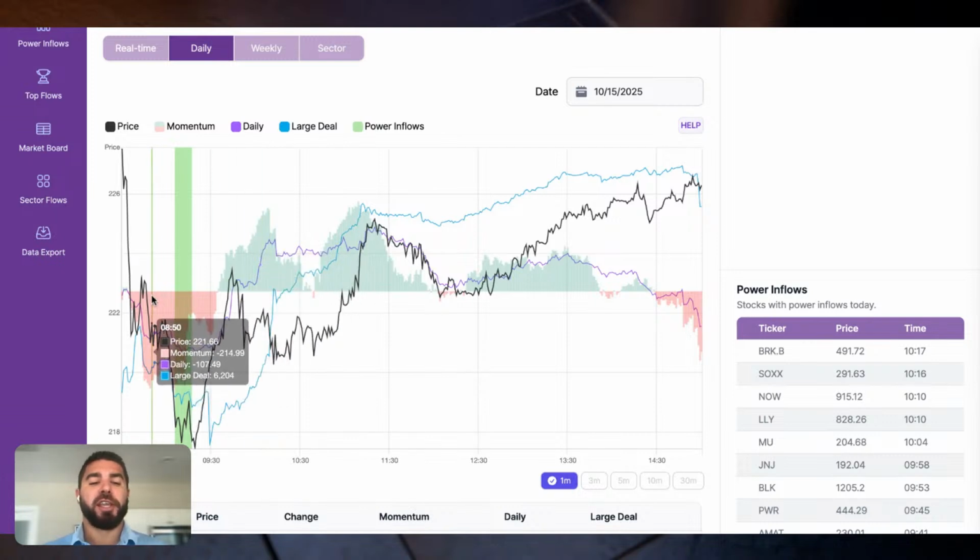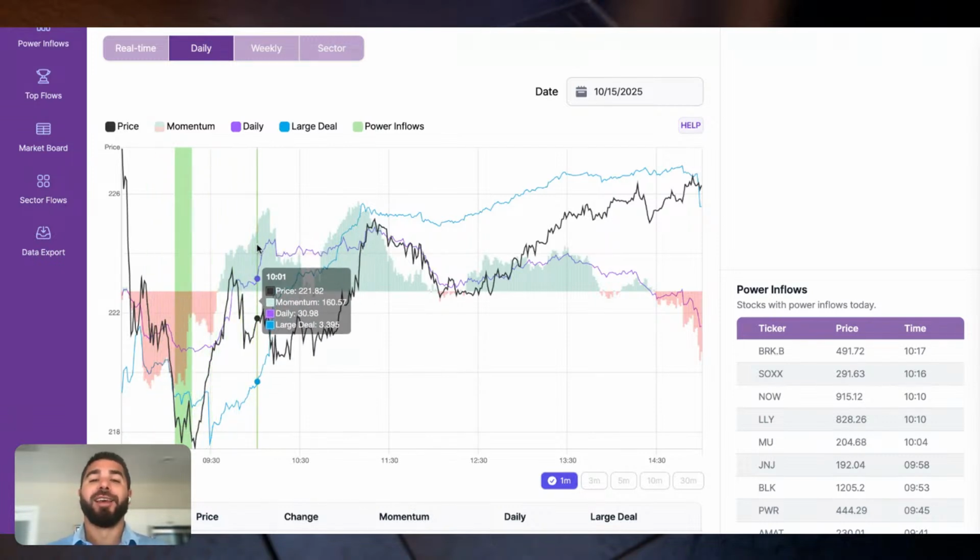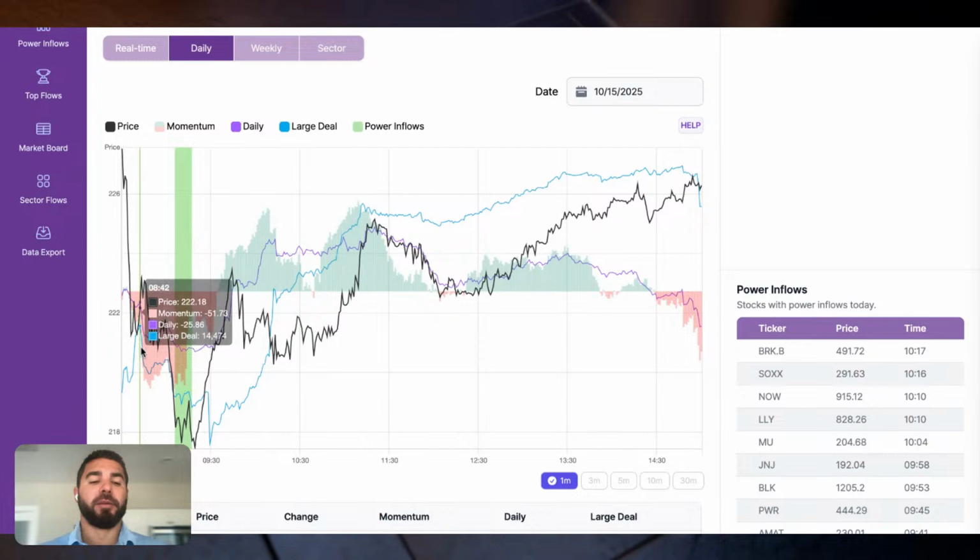And you'll see here with the red shade facing downward and the green shade facing upward, this is the retail order flow data that we track. This is your everyday trader type trade, so the smaller retail trader. We measure that again with the green. You'll see that's representing more buying than selling, and the red is representing more selling than buying.